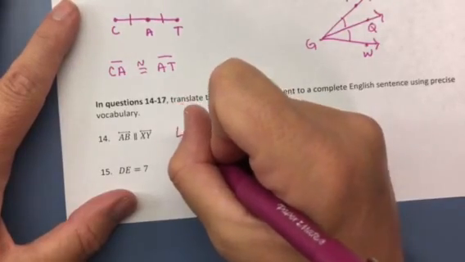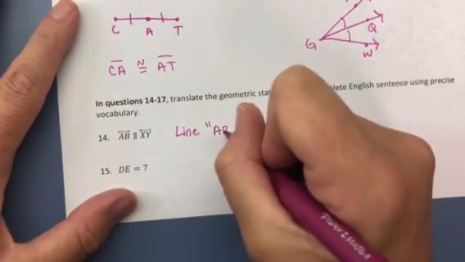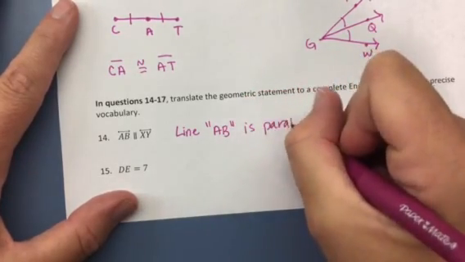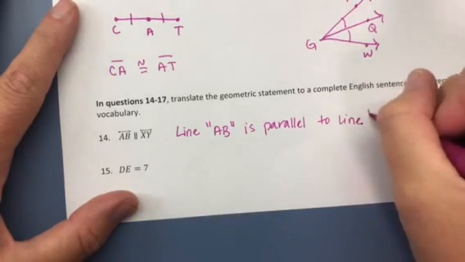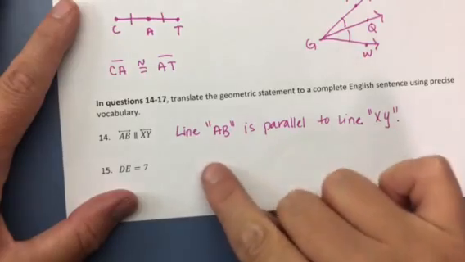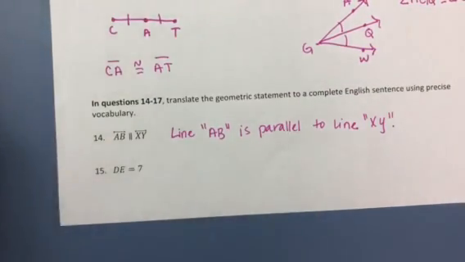So I would say line, I'm going to write AB in quotation marks. Line AB is parallel to line XY. And in geometry, we'll never write line AB like that, but that's how we would speak it if I were reading that out loud.